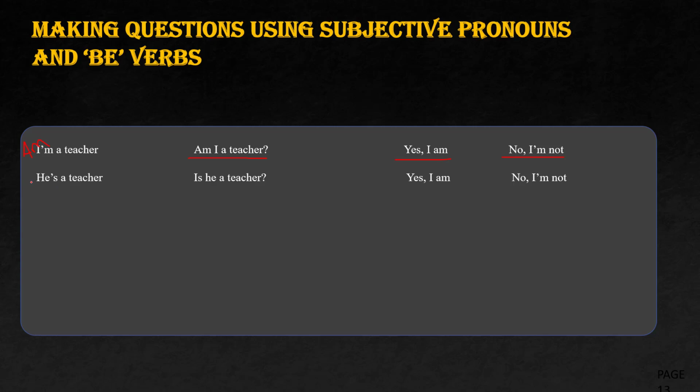Next one. Here, he's a teacher. Then this goes here. Then it becomes is he a teacher? If he is, yes, he is. If he's not, no, he isn't. She's a doctor. It becomes is she a doctor?